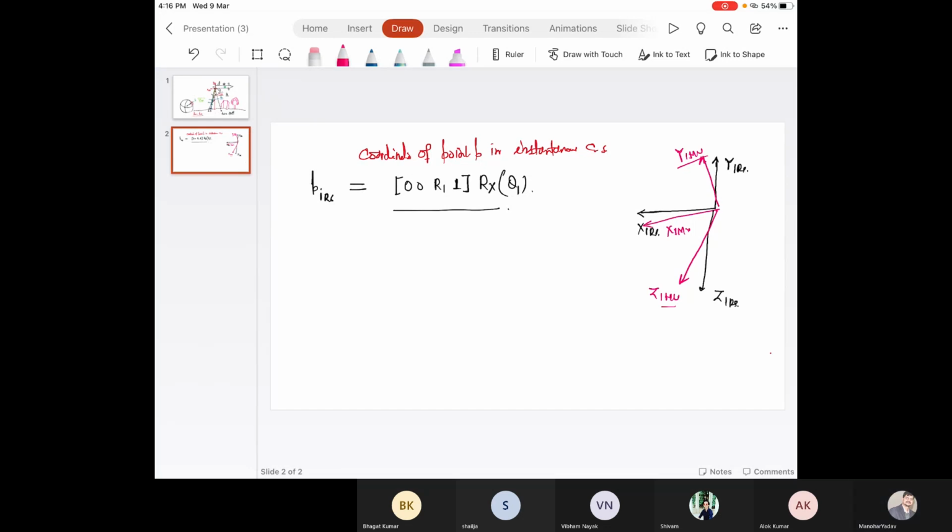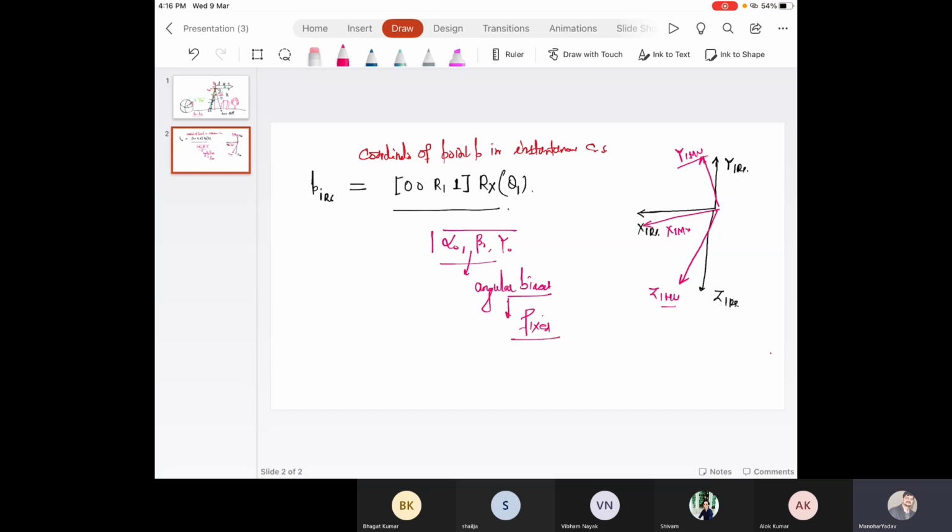The angular biases between these axes are computed in terms of alpha naught, beta naught, and gamma naught. These three are the angular biases, and they are fixed.